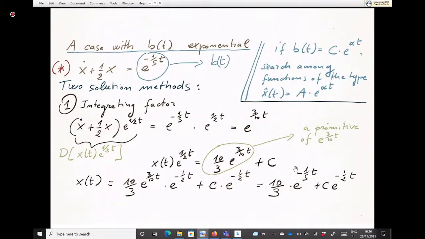So basically, in this class of models, the exponential that you get here has the same exponent as the initial one here, plus c exponential minus 1/2 t, which is exactly our general solution that we found before. Next, if you like, you can find a particular solution, but it is exactly the same we did before, okay?